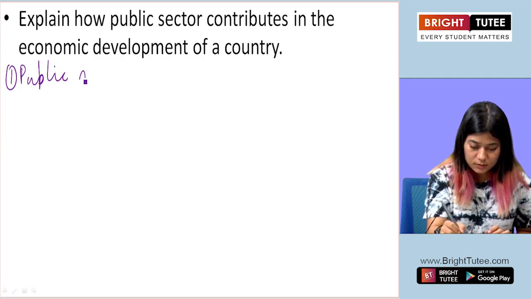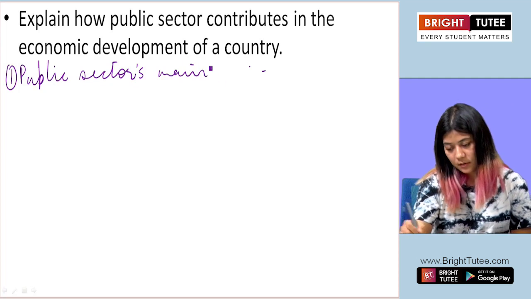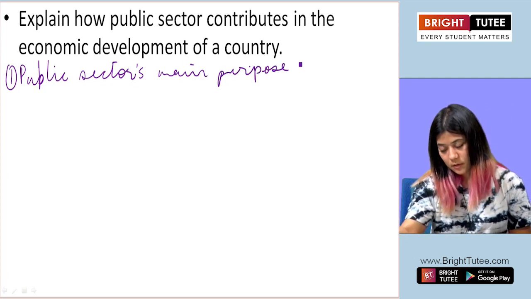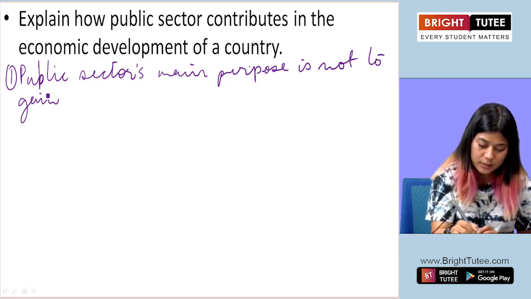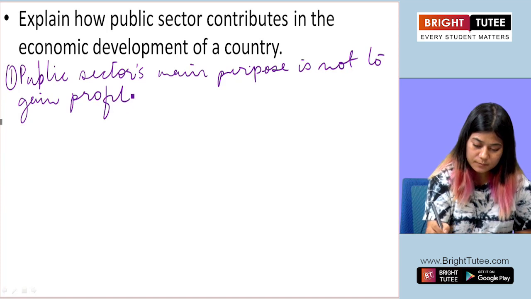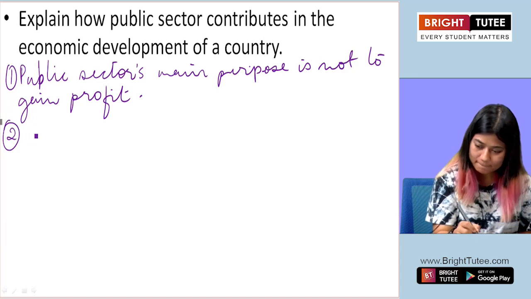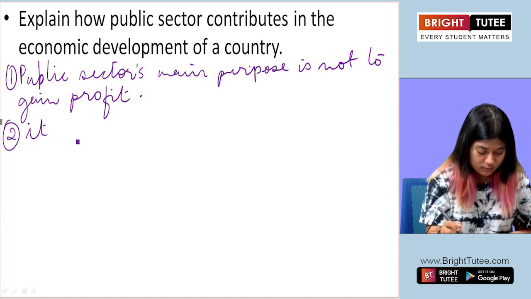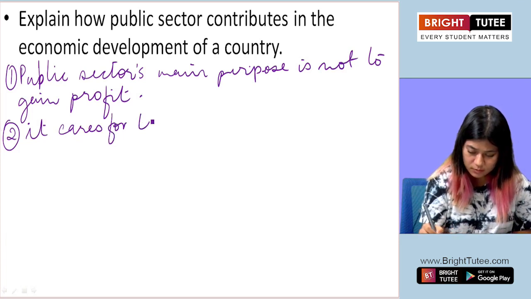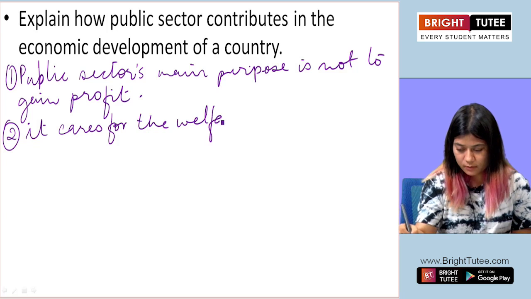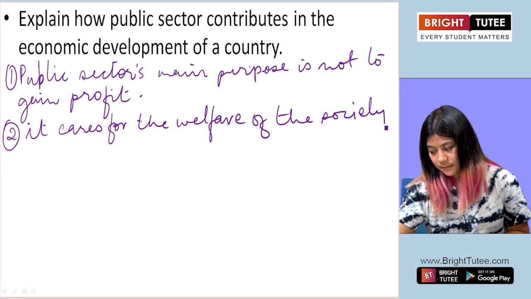Public sector main purpose is not to gain profit. It cares for the welfare of the society.